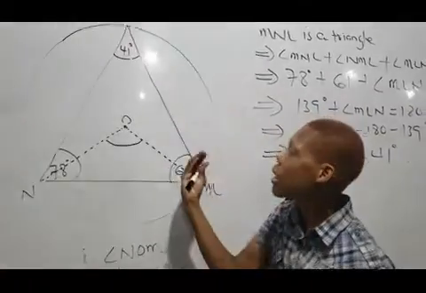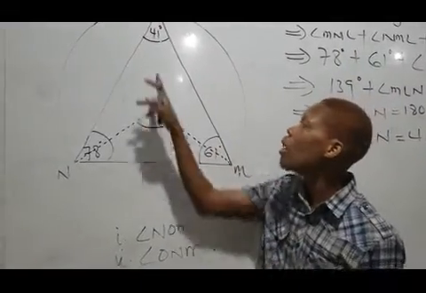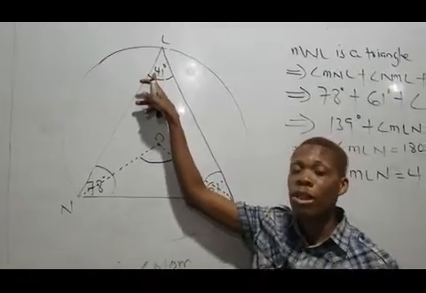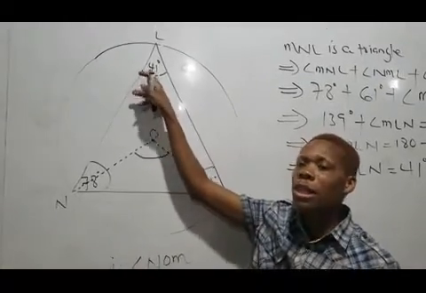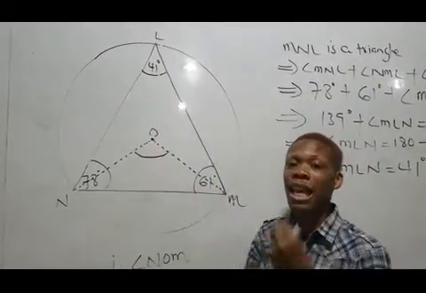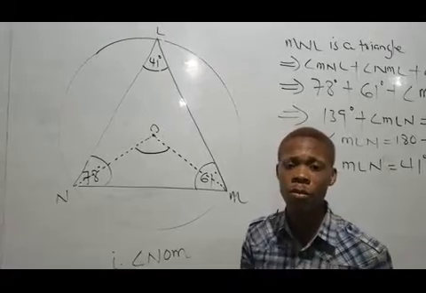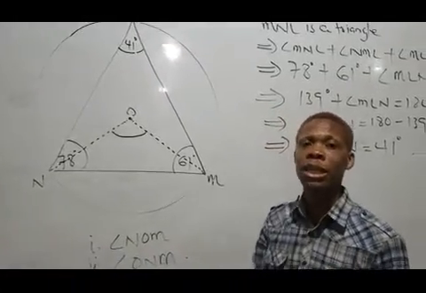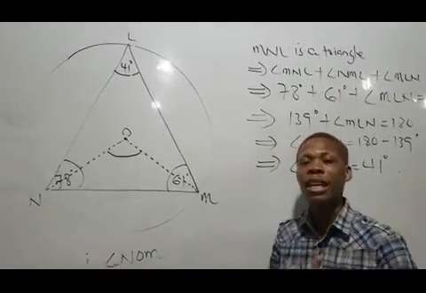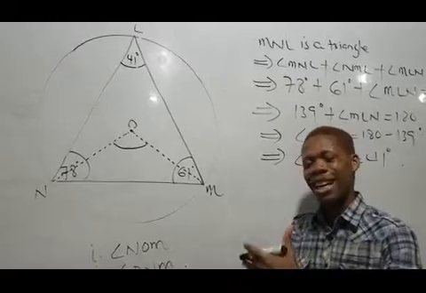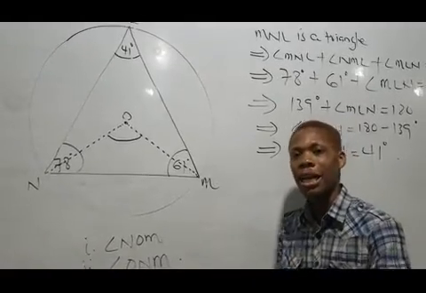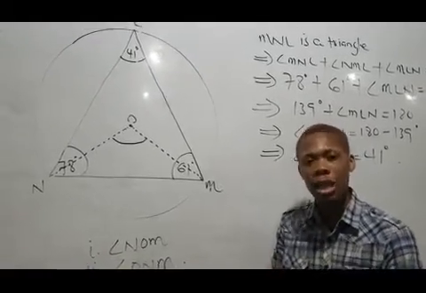So there is a connection between the angle at the center and the angle at the circumference. And we established that the one at the center is twice the one at the circumference. So I told you to take your time and write it in order as you say it. The angle at the center is twice the angle at the circumference.